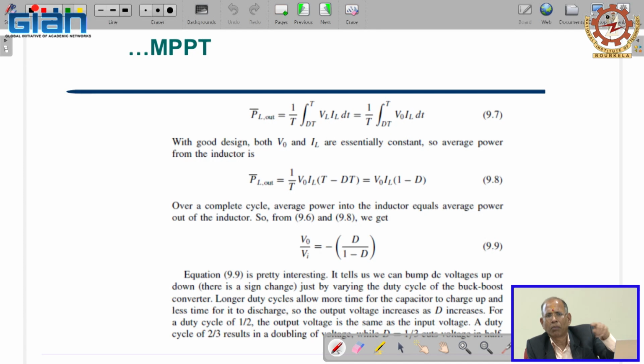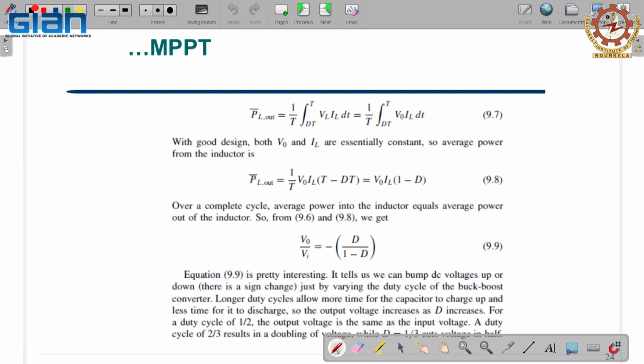In the converters, you have the inductor and the capacitor. These inductor and capacitor store the energy.